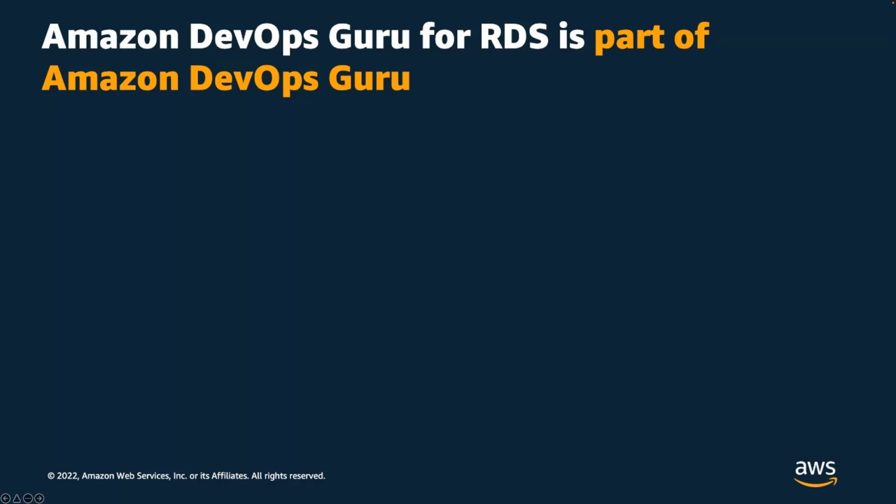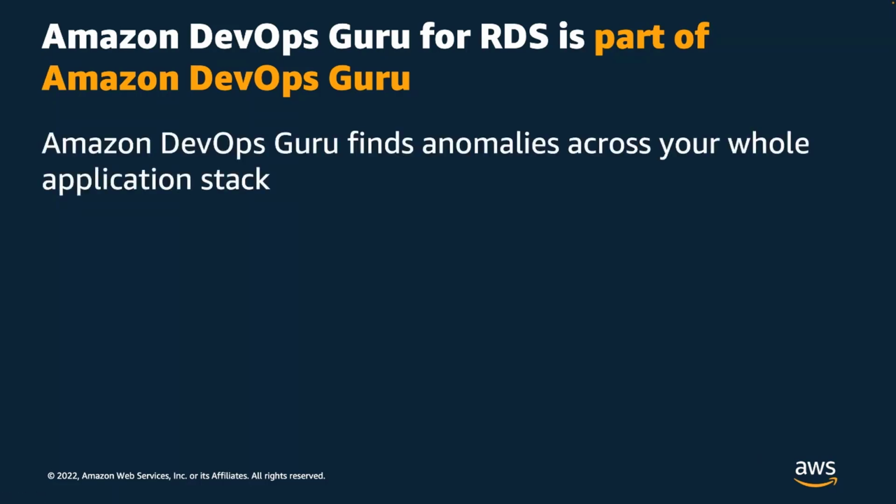I think we should pause for a minute just to explain what DevOps Guru is and how DevOps Guru for RDS adds to it. DevOps Guru is a service that's been available on AWS for a while. It looks across your whole application stack for problematic behavior and tells you what's going on. DevOps Guru already includes RDS and Aurora in its analysis, but up to now, it hasn't included a database deep dive.